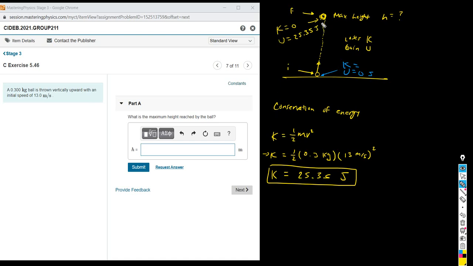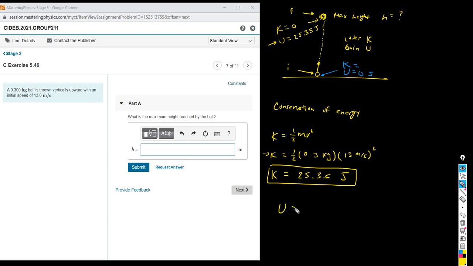You see, so to wrap it up, the initial kinetic energy of the ball will be transferred completely to potential energy at the greatest height. No, I'm sorry, that is the potential energy at the top of the motion.